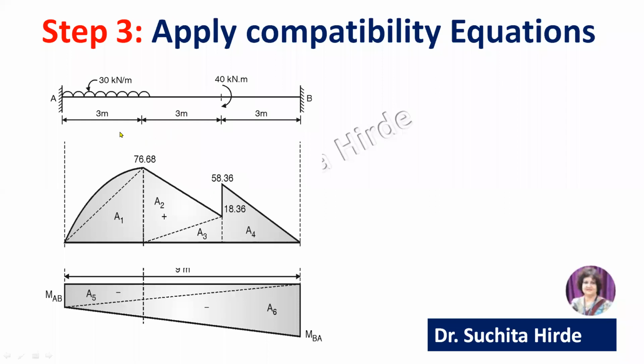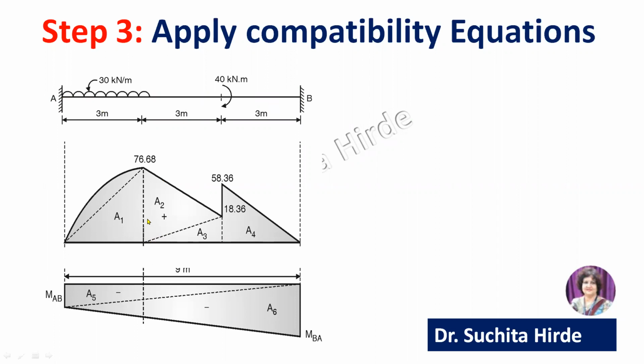In this fixed beam, we know that slope at A and slope at B is 0. By the moment area method, the difference between the slopes at two points, A and B, is given by the area of the bending moment diagram between those two points.